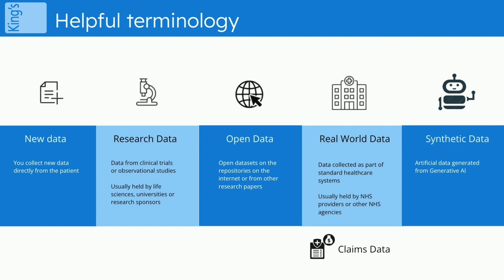A lot of other data sets which we often don't talk about, but exist as well, is claims data, which is very popular in the US, largely because it's easier to source than many other data sets. But claims data is basically insurance and billing information about healthcare payments. This data exists in the NHS as well, even though we don't have an insurance system.